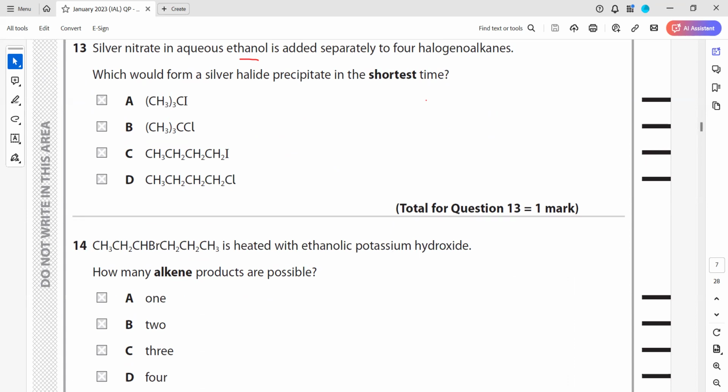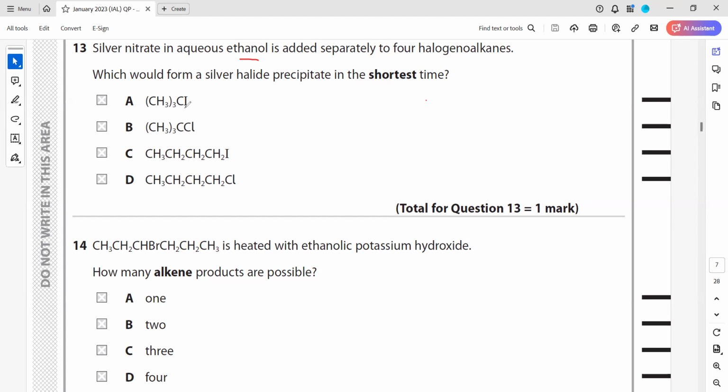So breakdown of the halogenoalkane depends on whether it is tertiary. And the second thing, when we talk about iodide and chloride, chloride ion can react to form a precipitate much faster as compared to iodide.